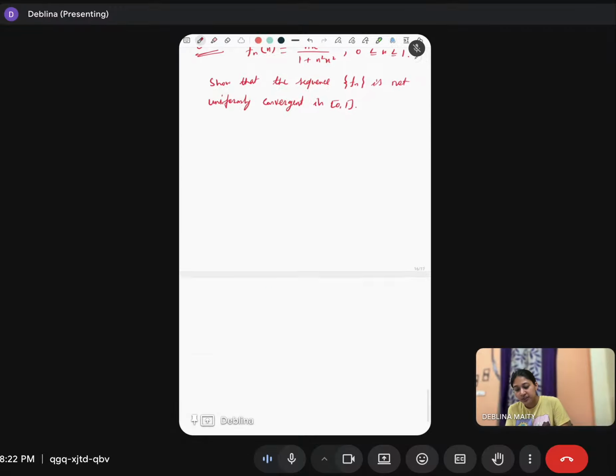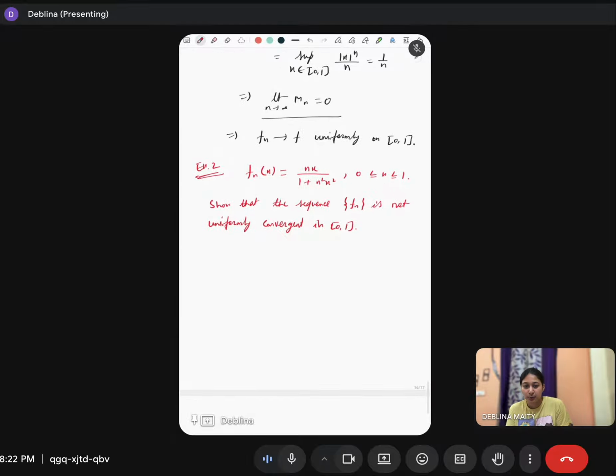Again we will use this theorem since it was a necessary and sufficient condition. So first we have to find the pointwise limit, right? Now for x equal to 0, this sequence fn(x) is the zero sequence, right?